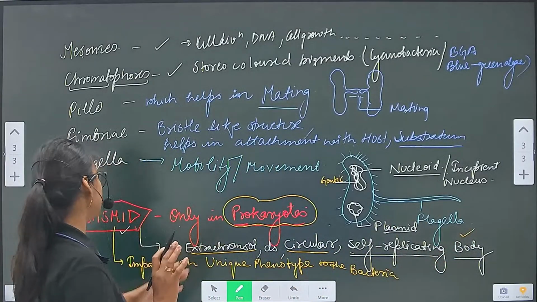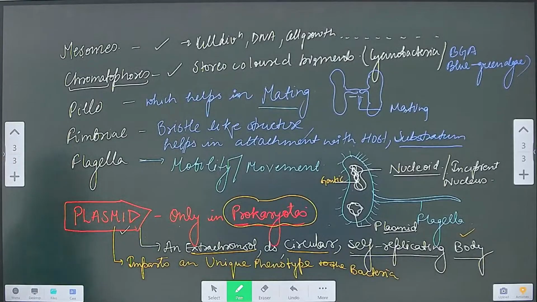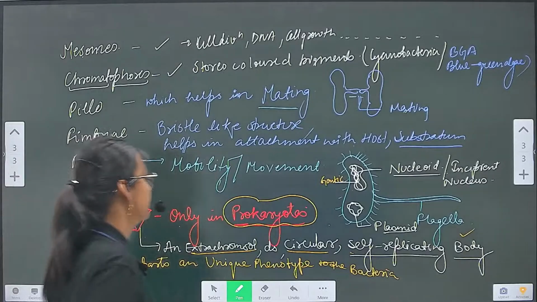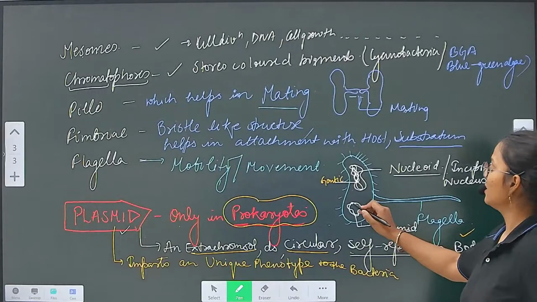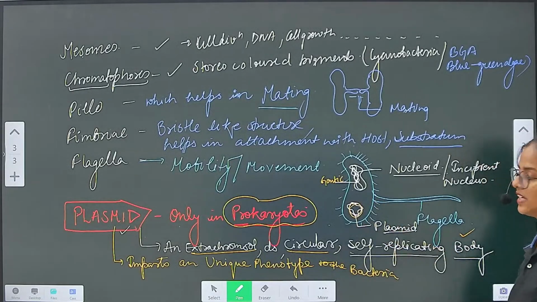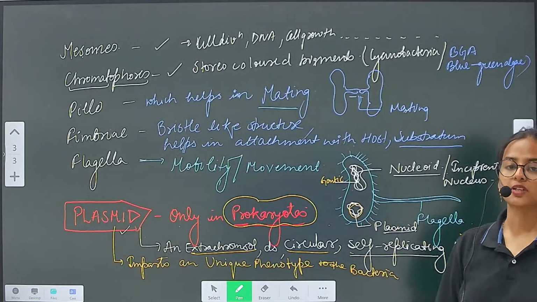So that is all about the plasmid. You can note it down, and then we can proceed further with the ribosomes. Yes, noted. Plasmids are extra chromosomal DNA exclusively found in the prokaryotes, right?